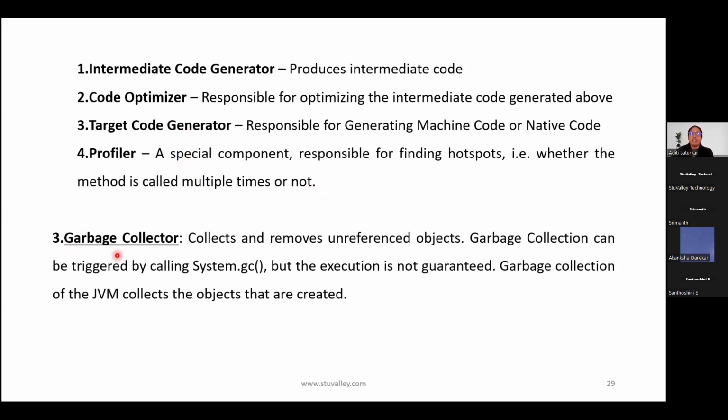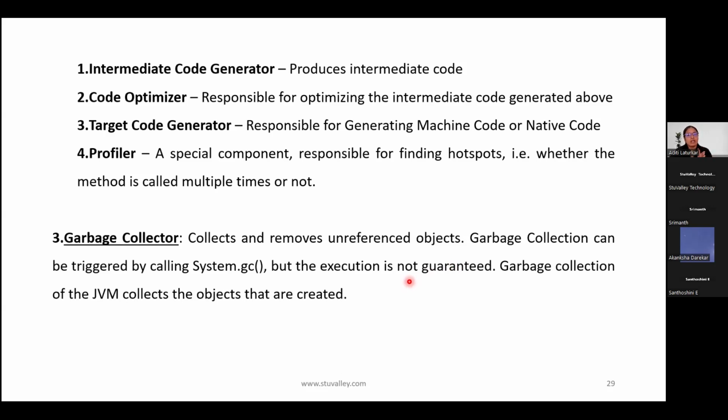Okay. The last part of the execution engine is the garbage collector. As we have seen, memory allocation is done automatically in Java using the JVM's architecture, right? Similarly, it collects and removes unreferenced objects. Okay, so garbage collection is nothing but freeing up memory.